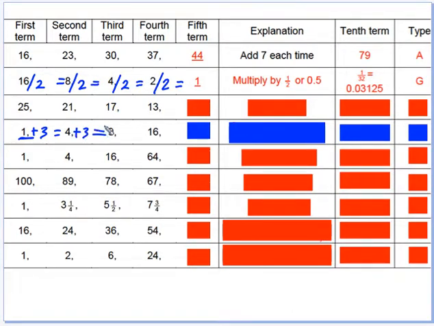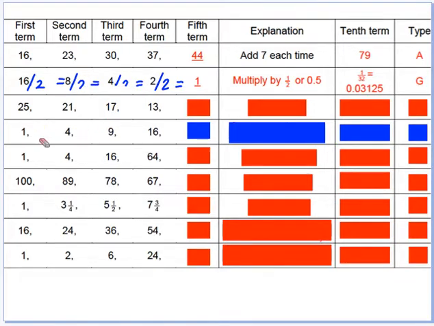Does that equal 9? No, it doesn't. So it's not going to be arithmetic. Okay, let's see. If I multiply 1 by 4, I get 4. So let's multiply 4 by 4, and I should get 16. So I don't have a geometric sequence either.